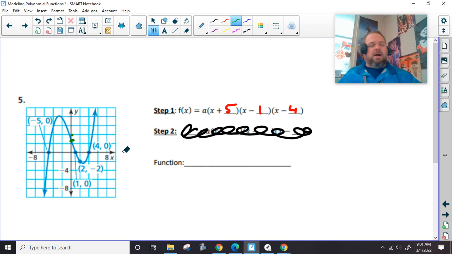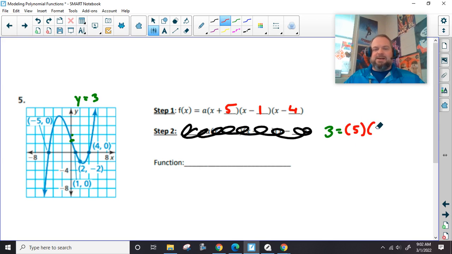Sorry, Dad sneeze. All right. So our y-intercept is actually 3. Yeah, we just go right back into it. No reason to freak out. So this is going to be basically 5 times -1 times -4, and then we have our a right here.